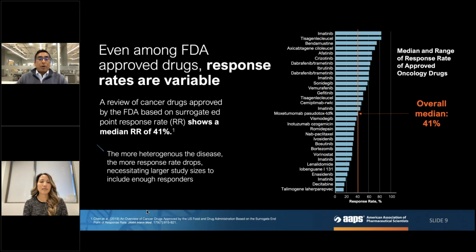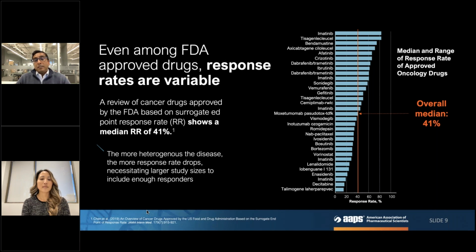Now, what's particularly surprising is that even if we look among those FDA-approved drugs, and here are 30 or so clinical studies which ultimately resulted in FDA approval based upon a surrogate endpoint, what we find is that the response rate is greatly variable. These response rates range, even within the cancer therapeutic space, which ultimately uses targeting, anywhere from 80% all the way down to below 20%, with a median response rate, again, for these approved FDA agents of approximately 41%.